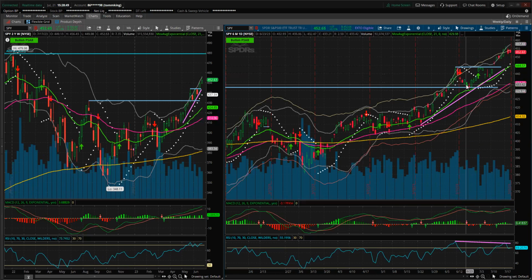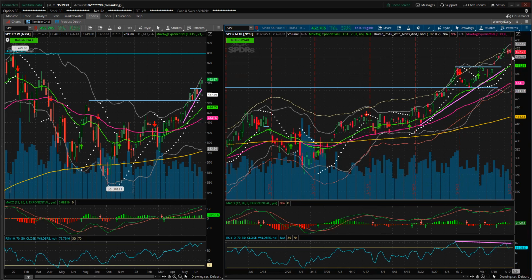But initially, the move was away. As soon as we moved into a new trend here, we've been in a PSAR bullish trend now, and we are a pretty decent amount away on SPY. So until we come down to about the 444 level or 4440 on SPX, and until we drop another 100 points on SPX or 10 points on SPY, we won't see a reversal at this point.